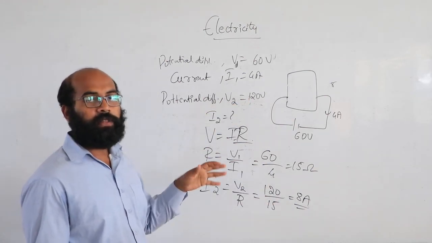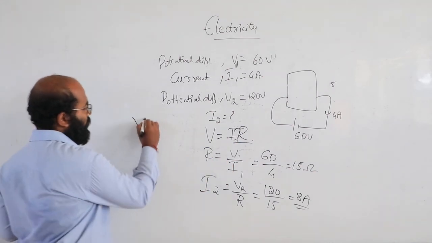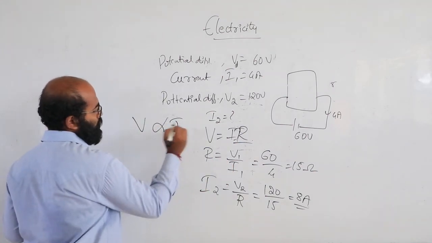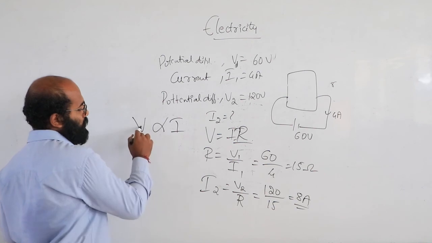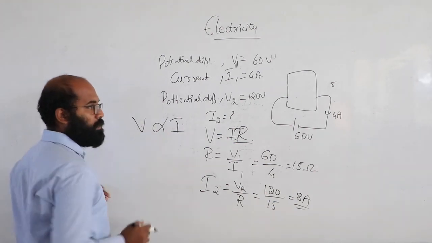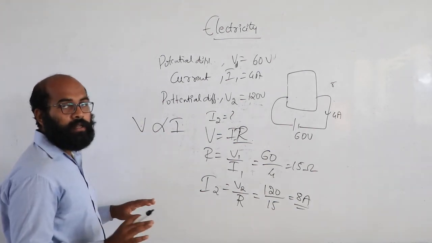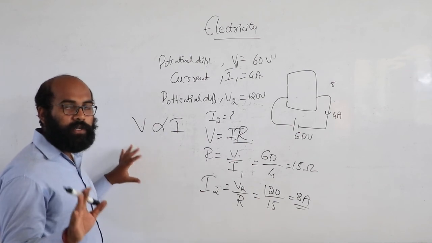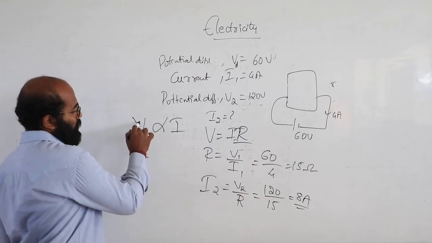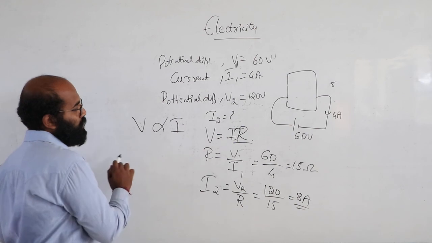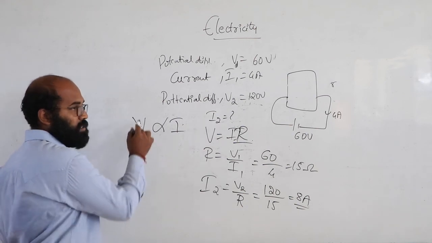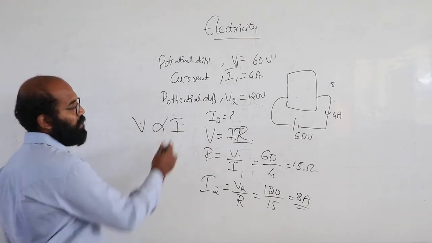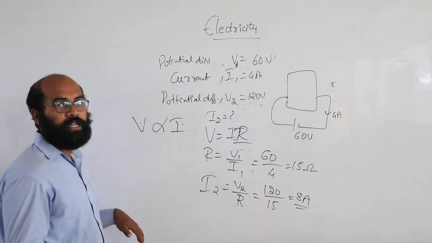You know from Ohm's law that V is directly proportional to I. So if V is doubled, I will also double, provided the material does not change. When the potential difference is doubled, current is doubled. When the potential difference is tripled, the current increases by 3 times.